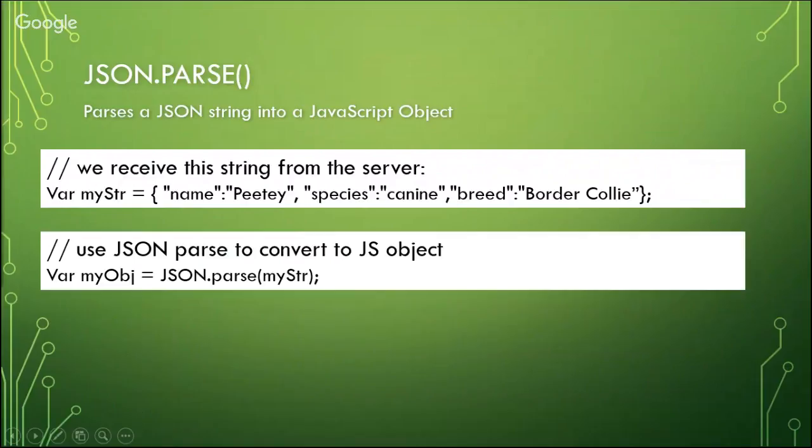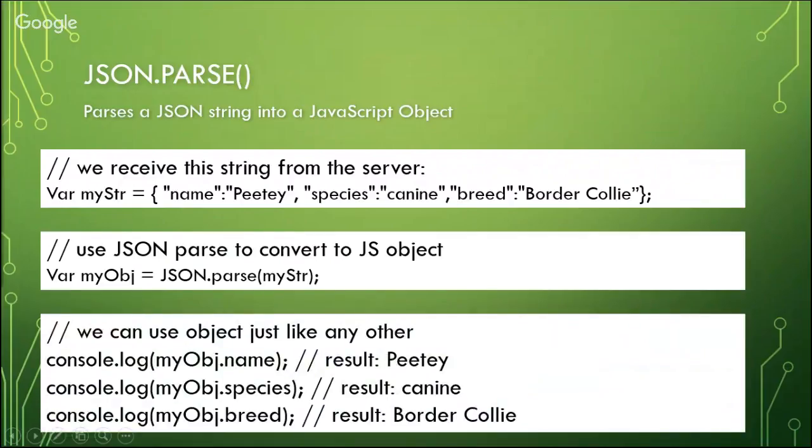I have variable myObject here, and I run my magic JSON.parse method, and my string goes inside. If I want to see my results, I can log to the console my object name, my element name, and it'll have PD, which is the same up there. Species, breed, border collie.